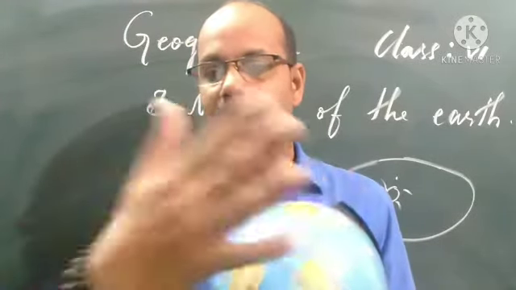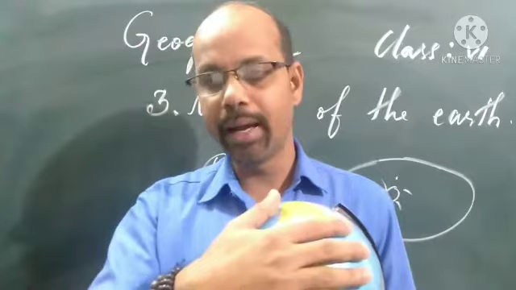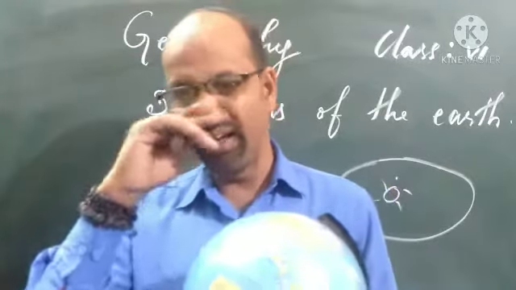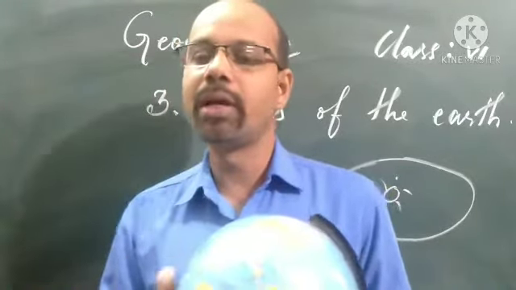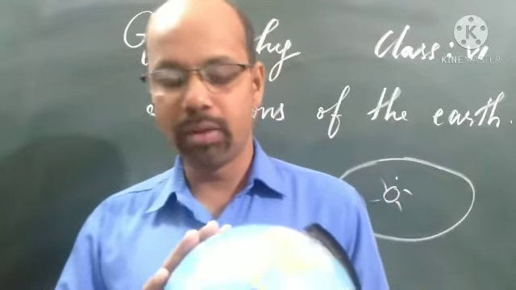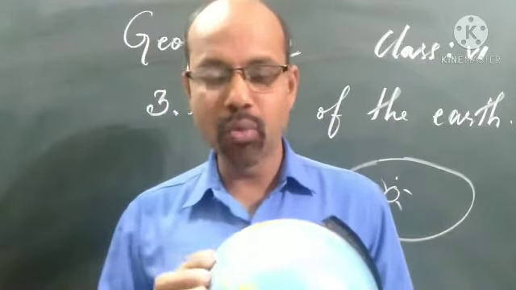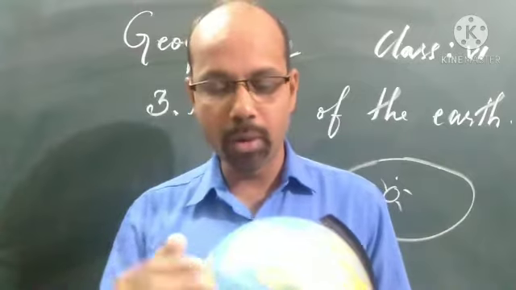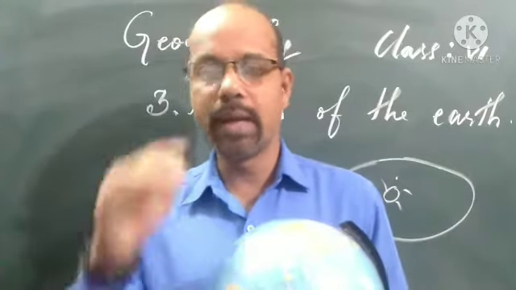This region where it is facing the sun is day, and the other part of the globe is dark for some time. And again, when it rotates, all parts of the earth alternately receive day and night.